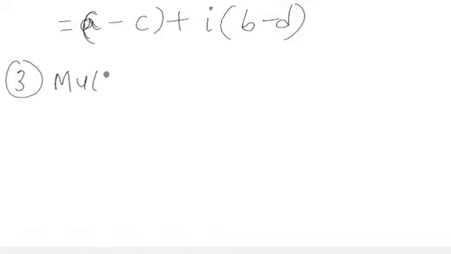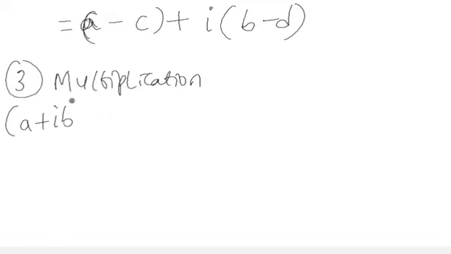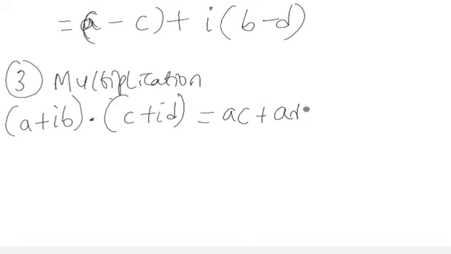Then we have multiplication. So if you want to multiply complex numbers together, a plus ib times c plus id. So a multiplies c, this gives ac. a multiplies id, it gives adi. ib multiplies c, plus bci. And ib multiplies id, this is i squared, yes, i squared bd.